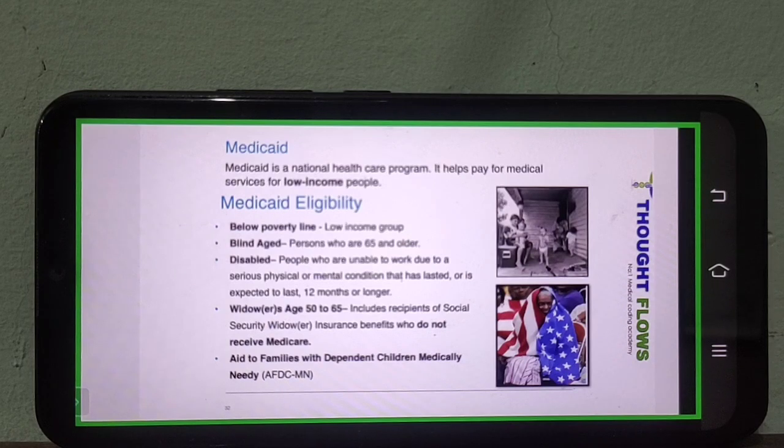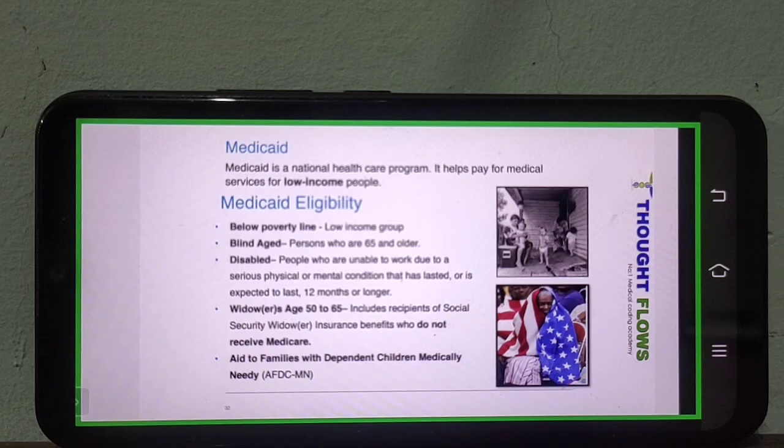So what are the eligibility criteria? Below poverty line people, low income people, blind people, but the patient age must be 65 years and older. Disabled people, widows or widowers whose age must be 50 to 65.